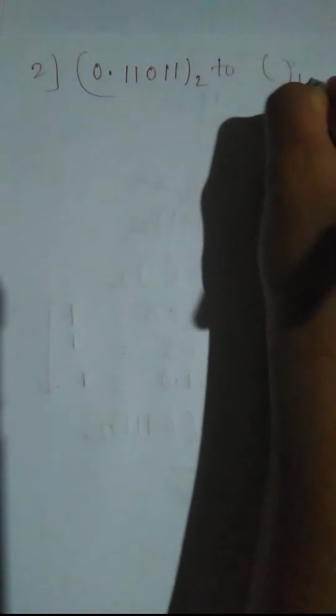Again, take one more problem, a second problem on conversion from binary to decimal: 0.11011 base 2, and convert that into decimal.